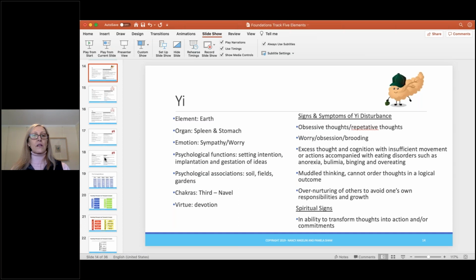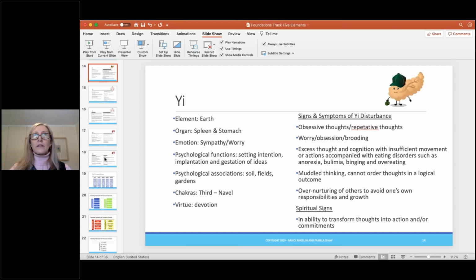Setting intention and gestation of ideas, or implantation of ideas, like having ideas and having that piece where you're thinking about something with clear intention. So soil, fields, gardens, that's the association.